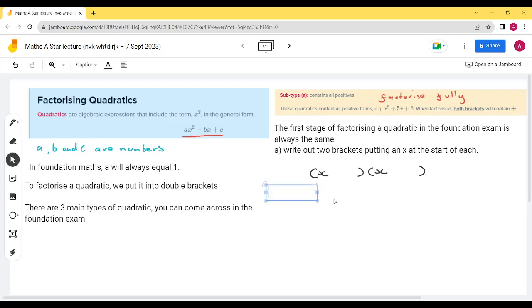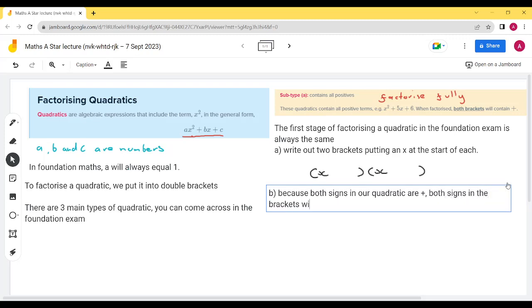And now carrying on from this, because both signs in our quadratic are plus, both signs in the brackets will also be plus.